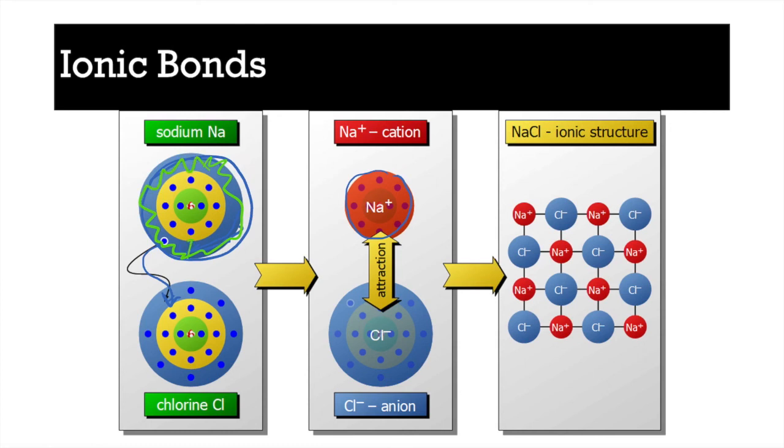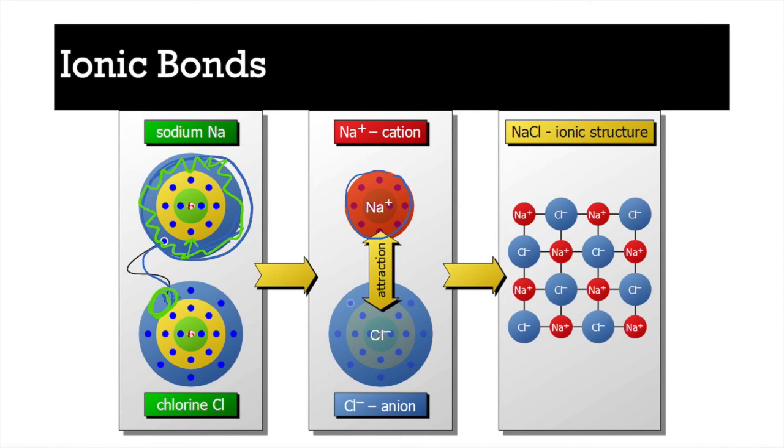The shell that came before it is all the way full, and that's what makes sodium happy. Now chlorine is happy because that one empty spot now has an electron in it. So chlorine has a full valence shell, sodium has a full valence shell. Sodium is positive, chlorine is negative. Opposites attract. Boom, you got yourself your ionic bond.